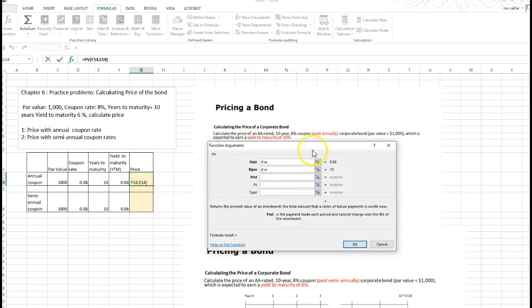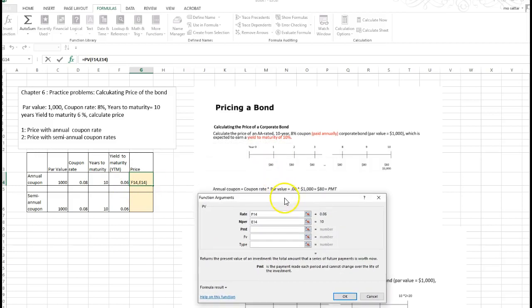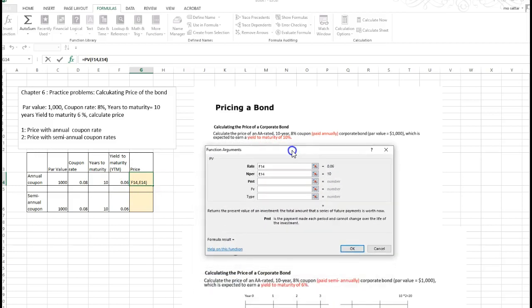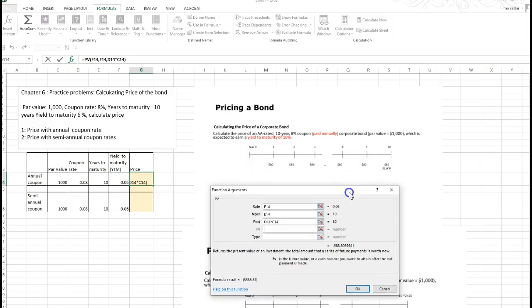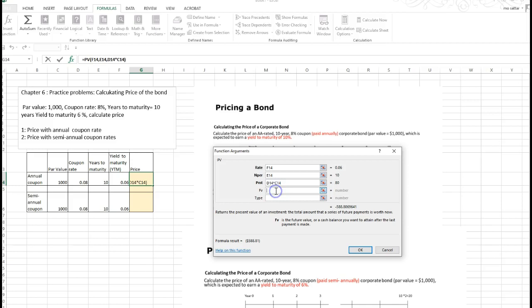PMT, again, like I said, we got 80 bucks. So how did we calculate it? We calculated by taking the coupon rate, I click that, times, by adding an asterisk, the par value. Okay, and then the future value is going to be the principal we are going to get back, $1,000 in the future, which is 1,000.